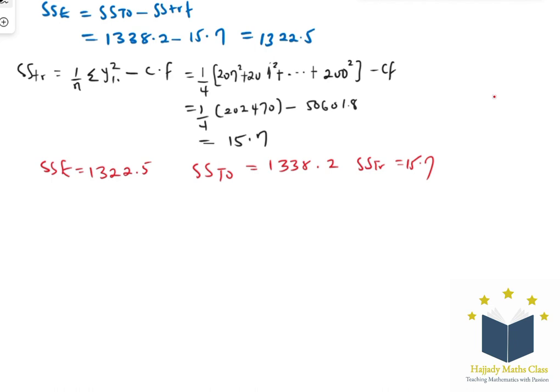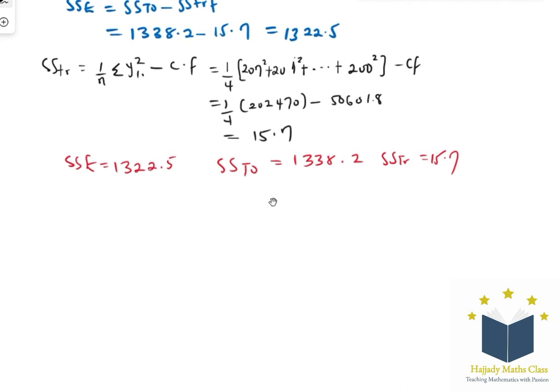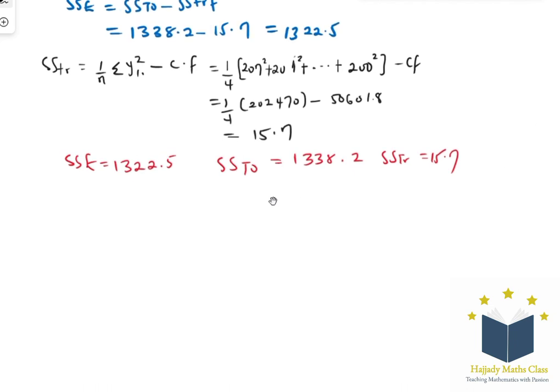So with that, we can easily calculate our mean square error. The formula for calculating my MSE, which is the mean square error, is the SSE over the degree of freedom of the SSE, and that is N minus a.